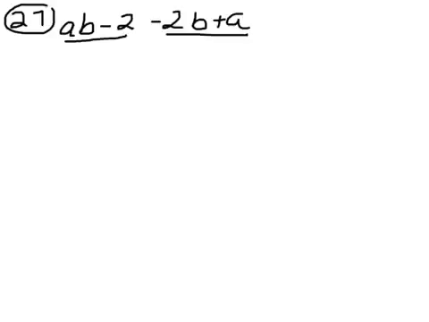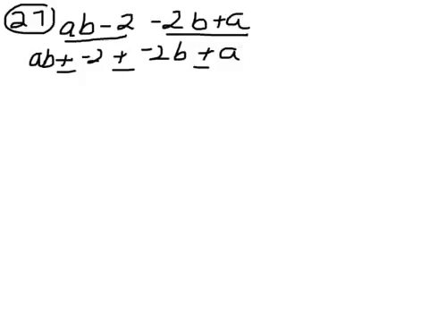So here's what I could do. This is the same thing as AB plus negative 2B plus A plus negative 2. I changed it to adding just so you could see that when we're adding, it's okay to switch the order of things around. So I'm going to regroup.